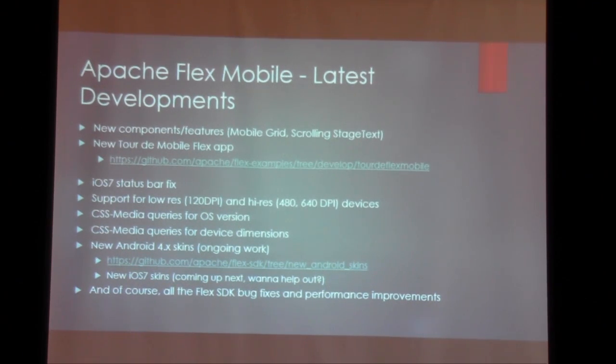Over at Apache Flex, there has been a strong interest in people contributing towards the mobile aspect of the Flex SDK. Number one, there have been at least a few new components, the mobile grid, for example. With the current Spark data grid, we had complaints that it does not have a smooth scrolling experience on mobile devices.